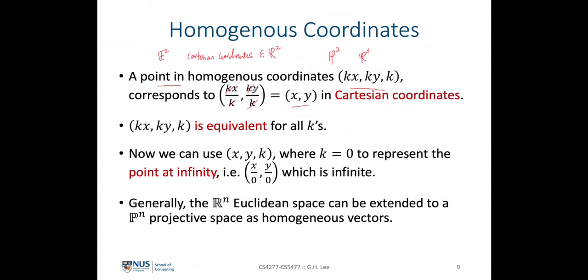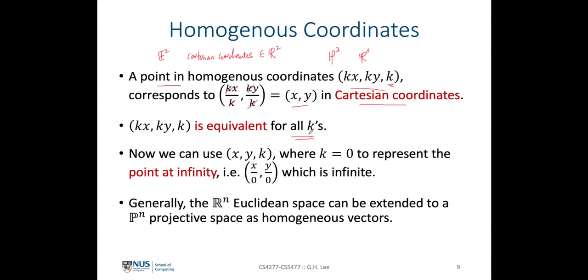So given a homogeneous coordinate, we can easily convert it back into the Euclidean space or Cartesian coordinates by simply dividing the first two coordinates by the last entry. It's also interesting to note that kx, ky, and k is equivalent for all values of k.